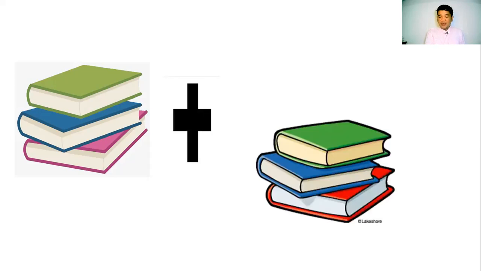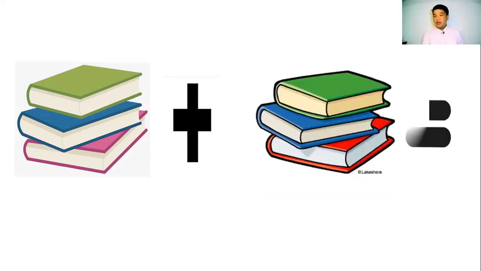The given objects are the following, such as the books. So we are going to count the number of books. Okay, so the first object is how many books plus another books, and that is equals.